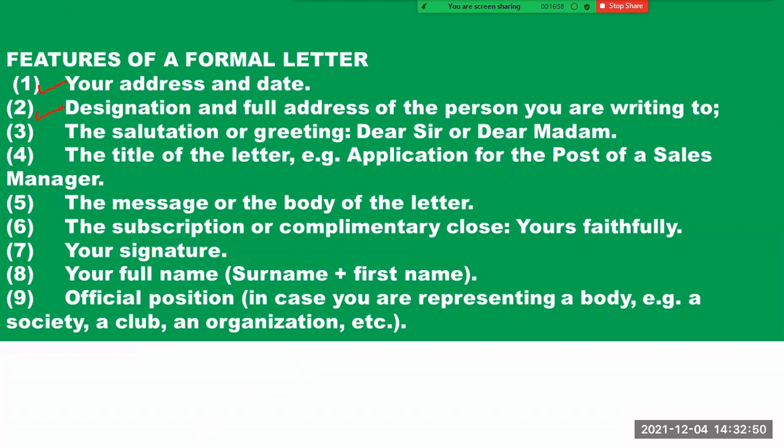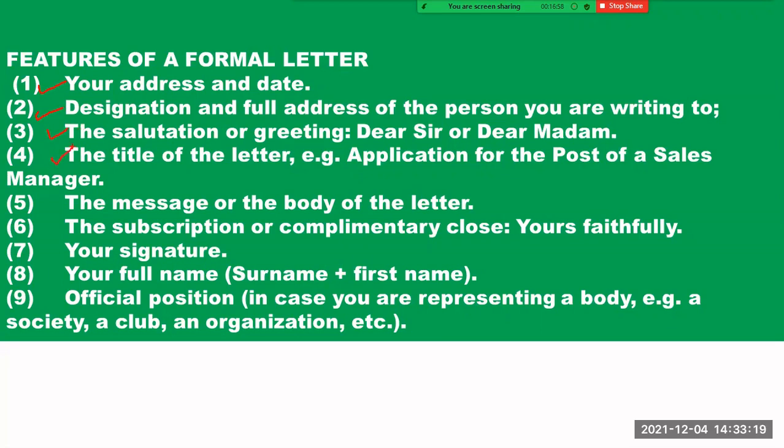For instance, if you are writing to a sales manager, or you are writing to the chairman of the local government area, then that is the title, the designation, then followed by the address. And the third feature is the salutation or greeting, and is usually dear sir or dear madam.